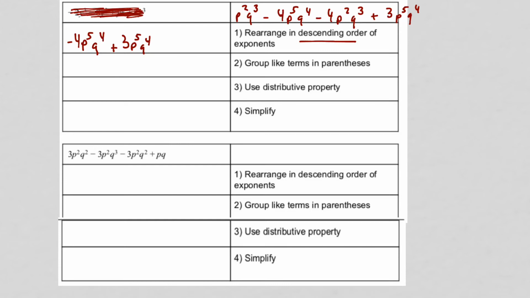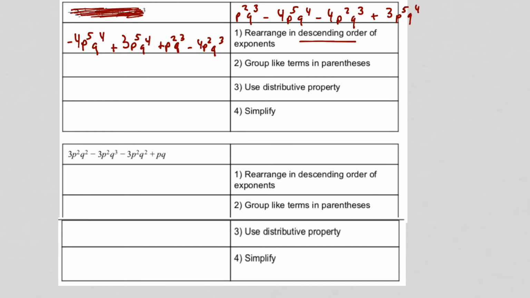And then I have a plus p squared q to the third minus 4p squared q to the third. So I've rearranged them in descending order of exponents.